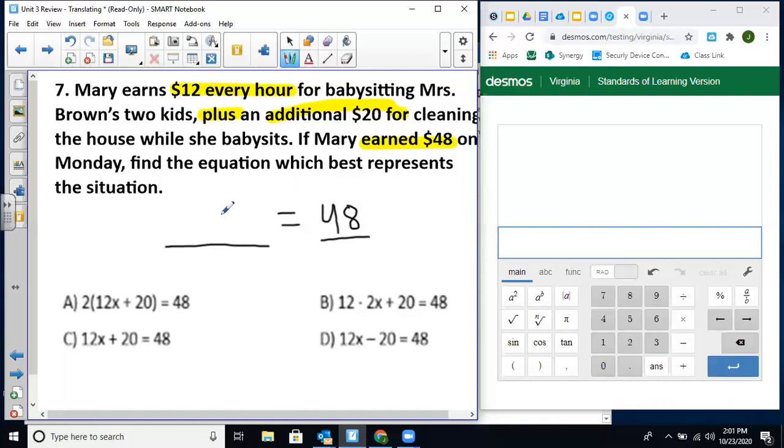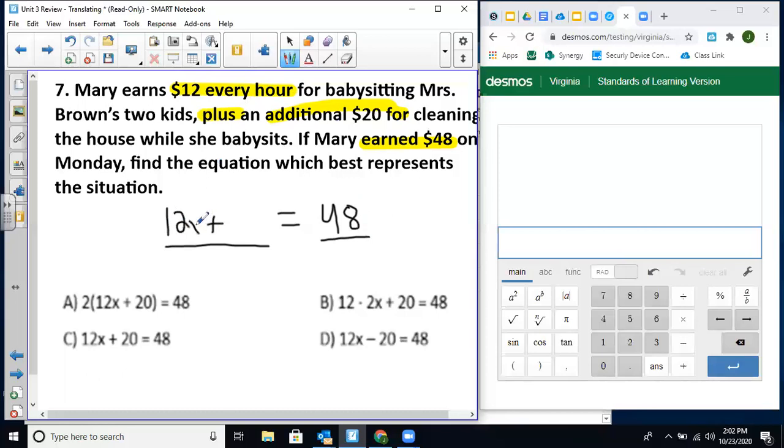All right, now we need to figure out what's on this side of the equation. Well, we have that she earned $12 for every hour plus an additional 20. So I have this plus here, and I'm going to represent $12 for every hour as 12x.